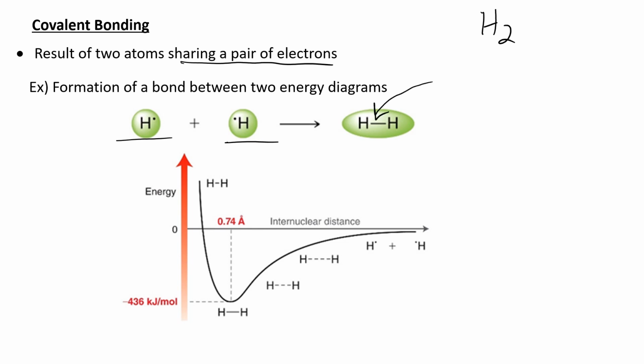Now, I assume that you know that this line means 2 electrons being shared, but if you didn't know, now you know. So we have 2 electrons being shared, which is represented by a line in between 2 atoms. Let's look at a potential energy diagram.